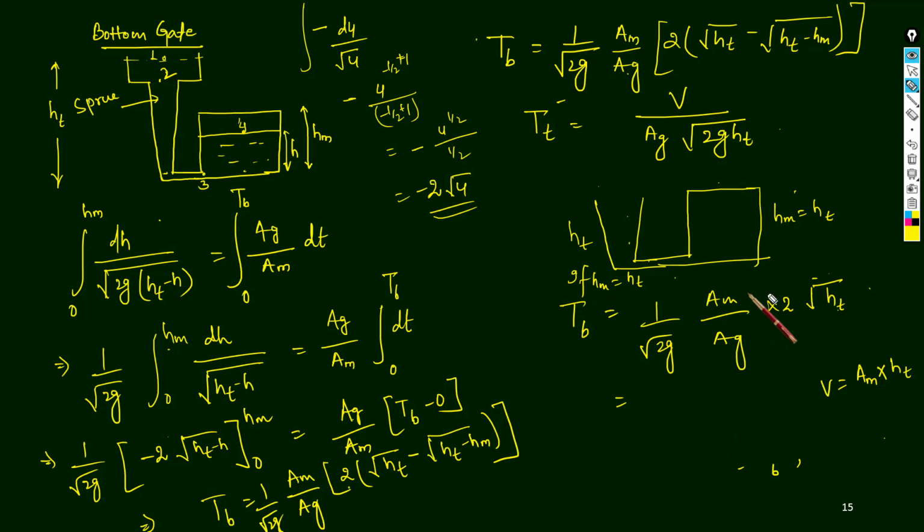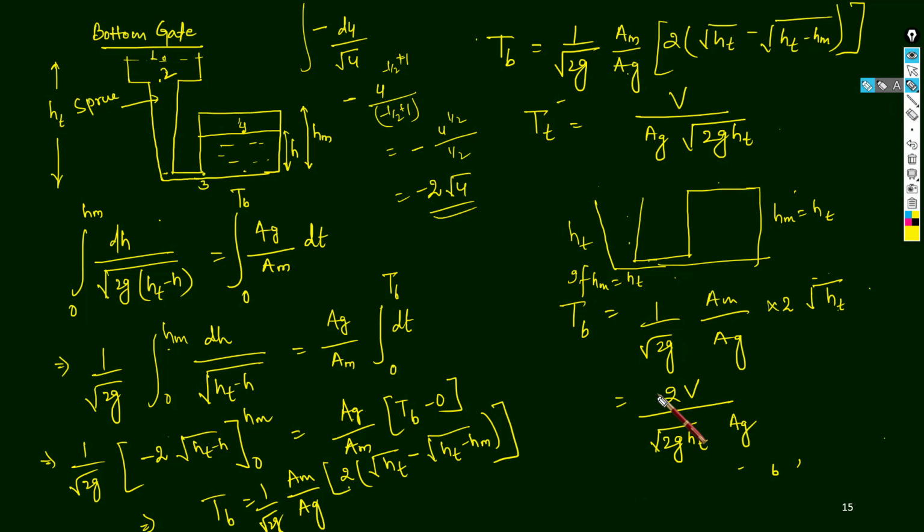So we get 2 into V divided by root under 2g, and here root ht will increase, so include this, and Ag is there. Okay, we got the simple expression for TB in case when hm is equal to ht.